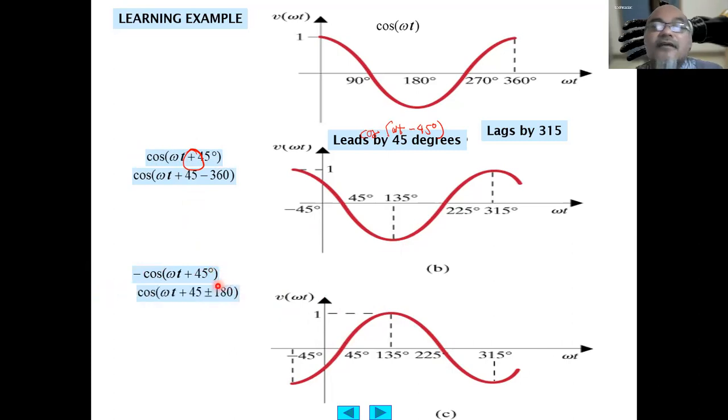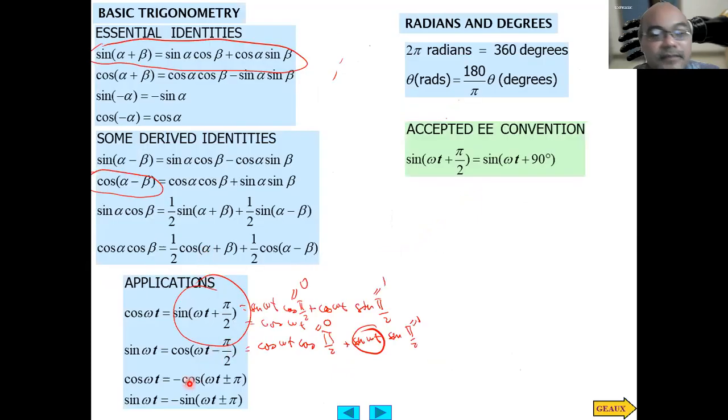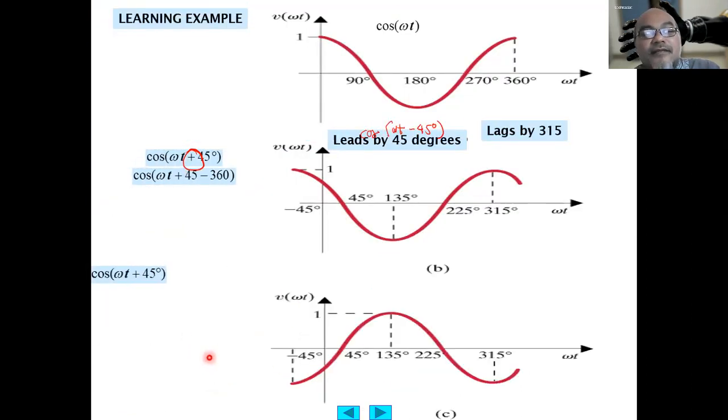However, then we can further simplify negative cosine omega t plus 45 degrees. If we look at the previous identities here, cosine omega t equals negative cosine omega t plus minus pi. Okay, so that value we can just add here.